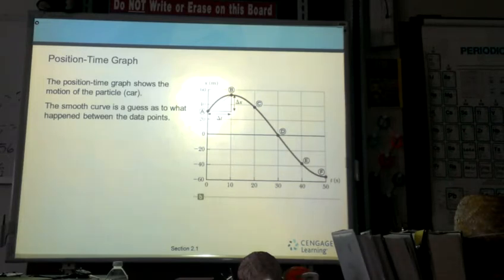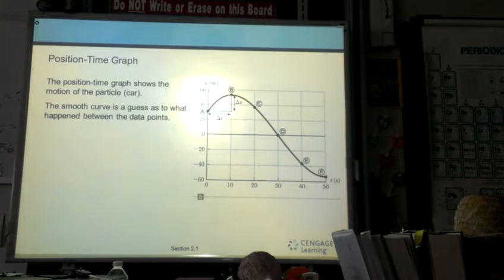Anytime you draw a PT graph, I would like you to always connect all of those data points, whether with a curve or a straight line. Always, always, always. And that's true on your AP test as well.